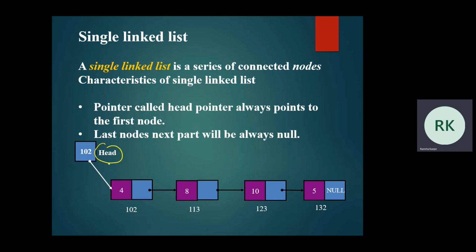With the help of this pointer, we can come to know which is our first node in the linked list. That helps us in tracking where the linked list starts. So this is the head pointer, the first characteristic. And the second characteristic is that the last node's next part is always null.